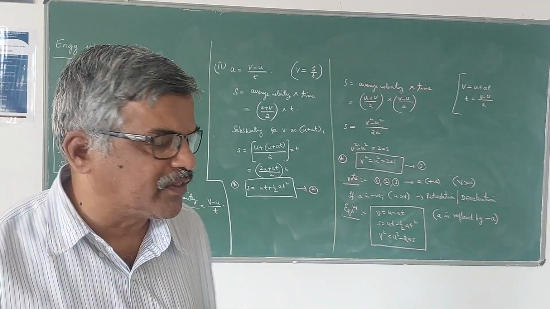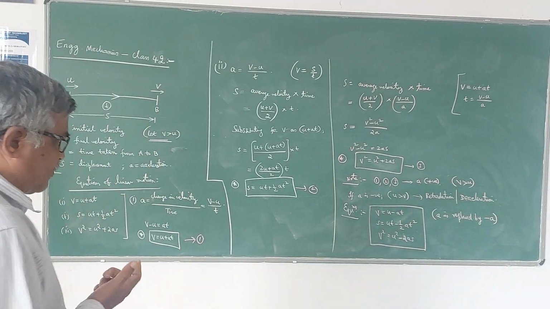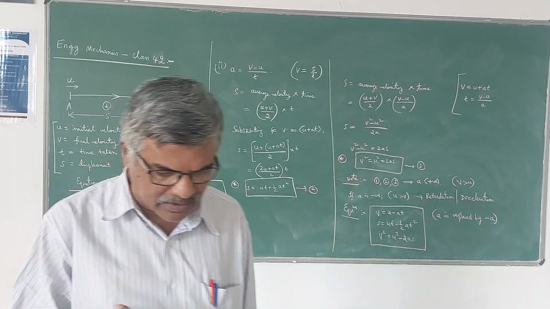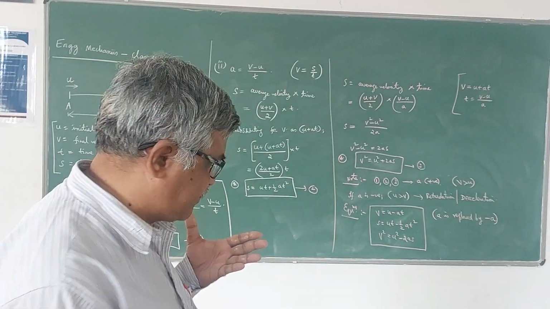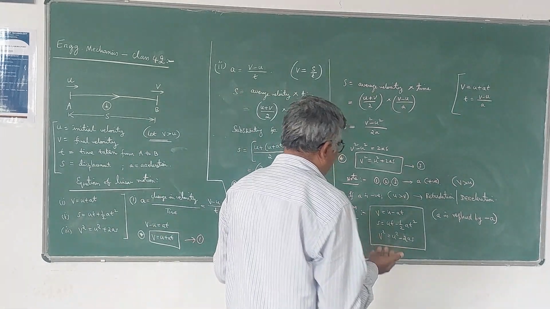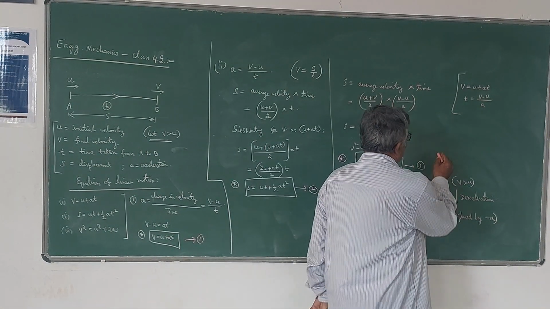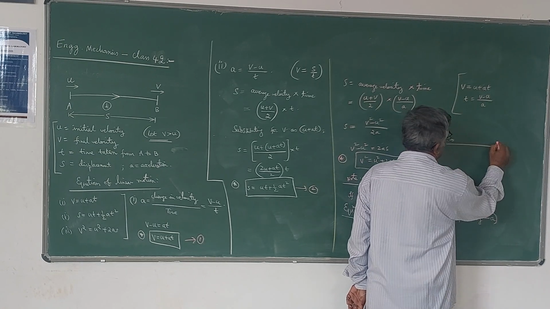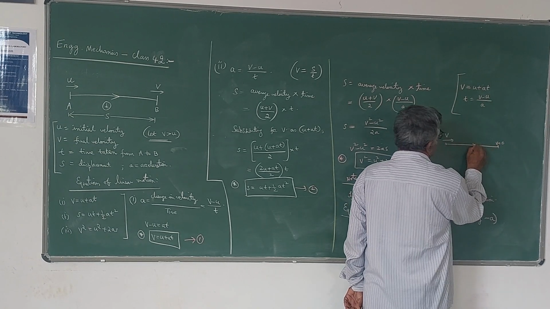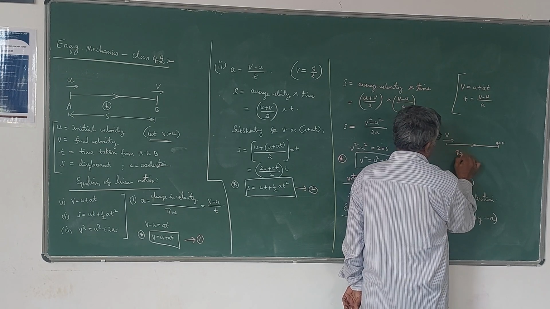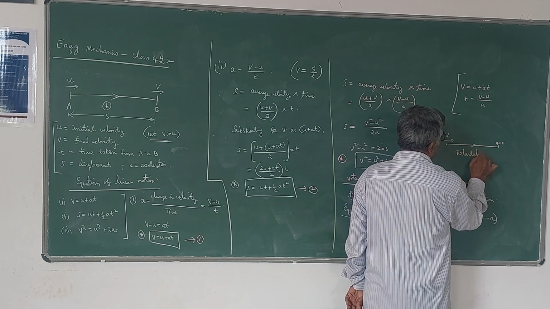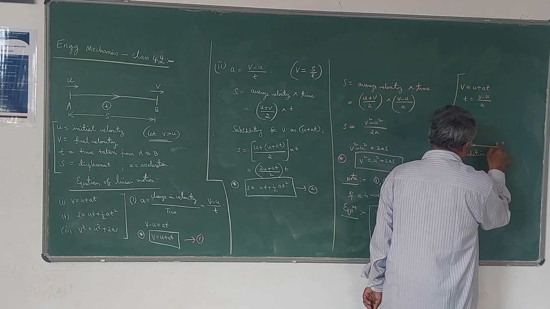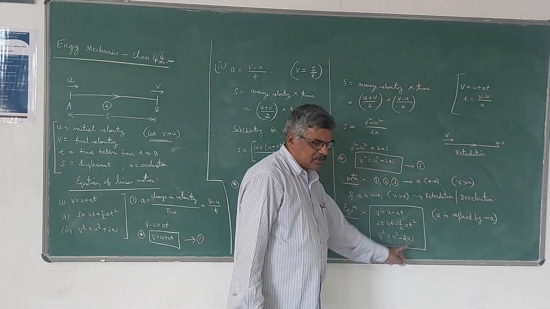Retardation means when the brakes are applied and the body is allowed to come to rest, then with some velocity the body will be moving, and here velocity is 0, then this is the case of retardation. So if your final velocity becomes 0, it is the case of retardation. During this process, we have to apply these equations.